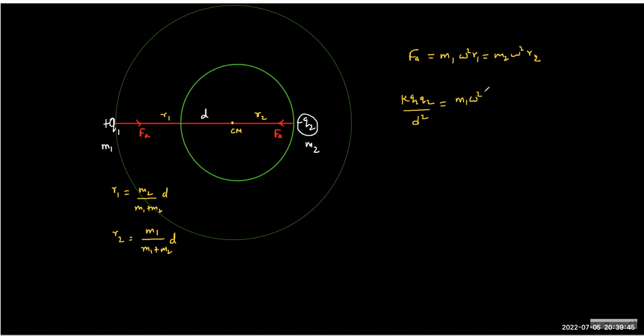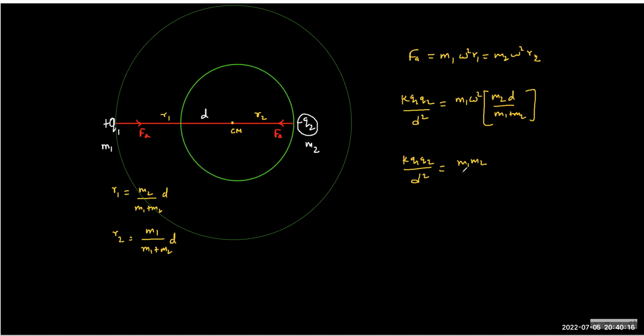And R1 we can write as m2 D by m1 plus m2. You can choose anyone to write, and you will see something really interesting. This is easy to remember, not to be worried. So K Q1 Q2 upon d square, and you can see clearly what we are having here is the reduced mass, mu, right?